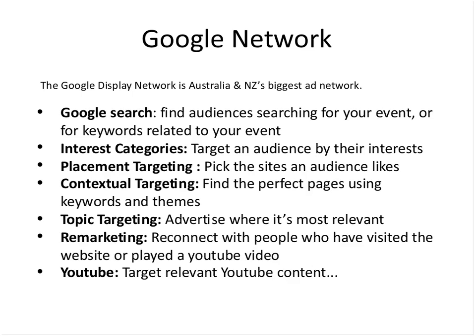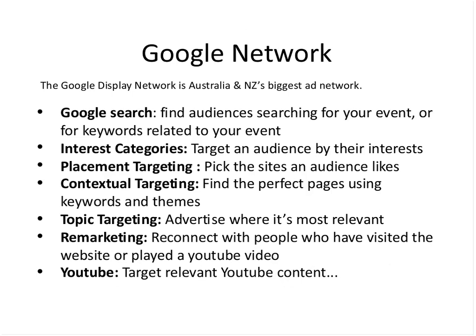So Google offer lots of targeting options that help you plan your campaign that will work for your audience. Some of these options are Google Search, which we've spoken about, and I'm sure you are all familiar with. You can also target based on interest categories, so you can target by placement, so pick the sites an audience likes. You can use contextual targeting, topic targeting, remarketing, and also YouTube.